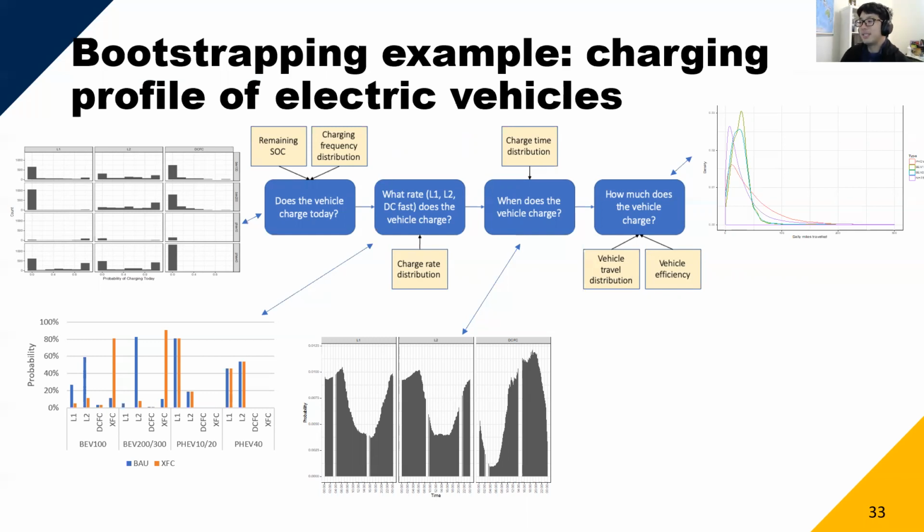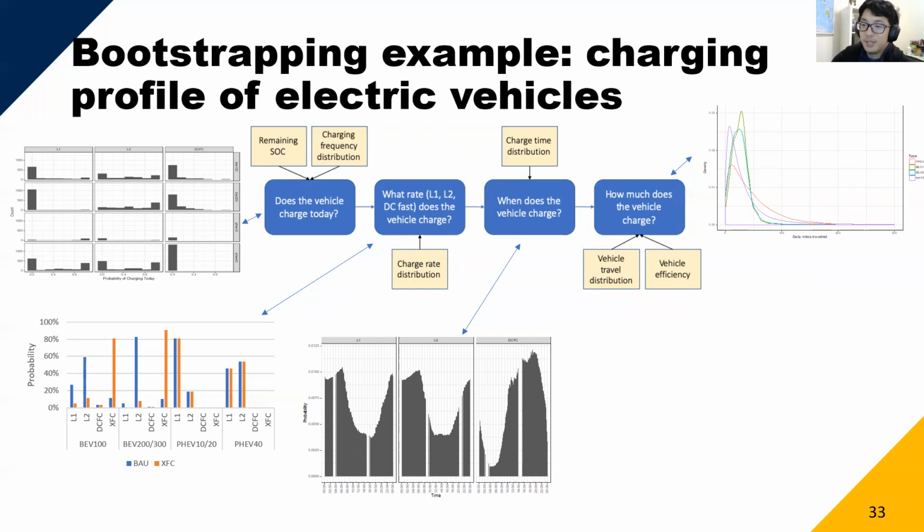It's one thing to say, if I want to know how much energy an electric vehicle is charging in a given time, you could do some kind of average based off of all of this information, or I can construct this distribution using bootstrapping techniques.